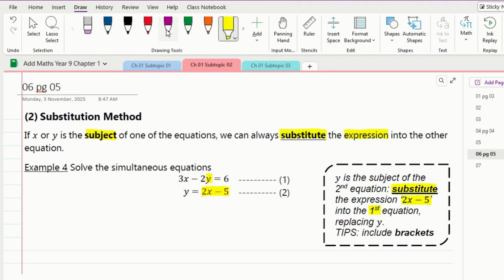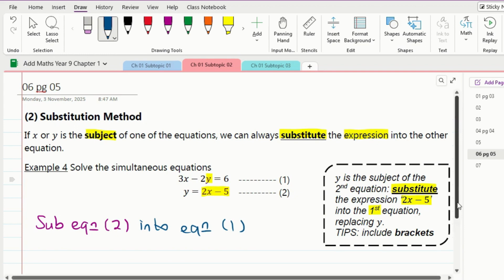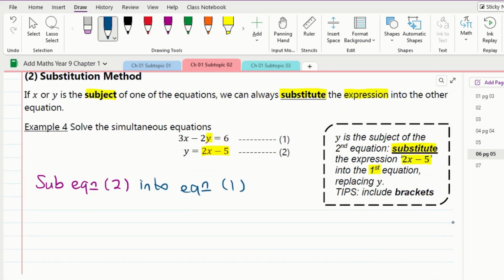So you substitute equation number 2 into equation number 1. What happens is that in 3x minus 2y, the y part is replaced with 2x minus 5, while the rest of the terms remain the same. It's just that here you are replacing y with 2x minus 5.